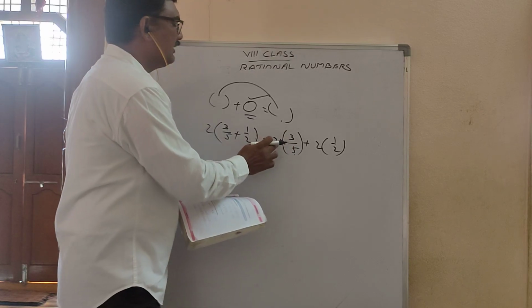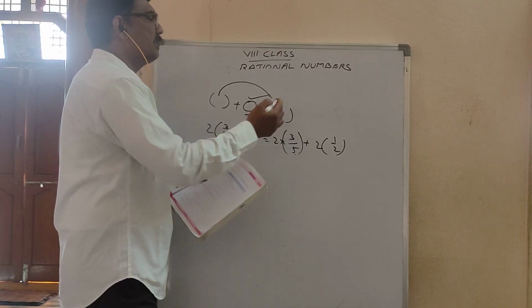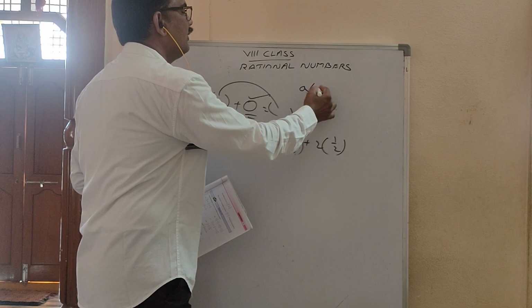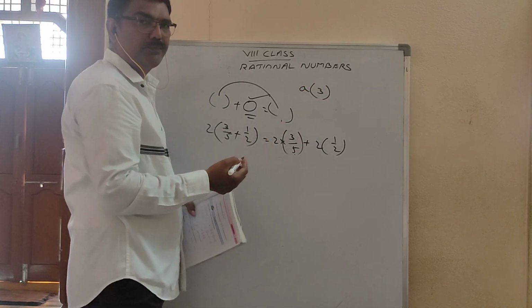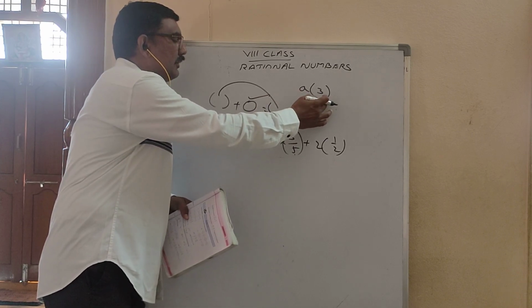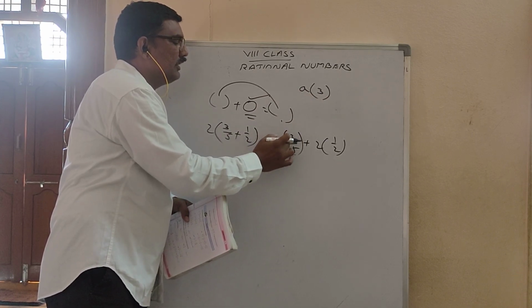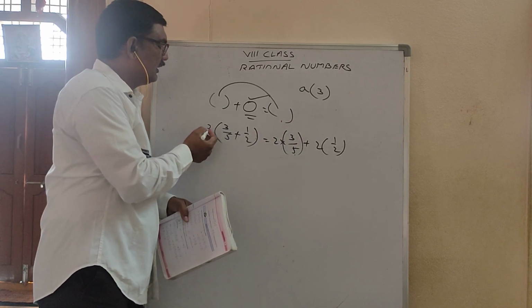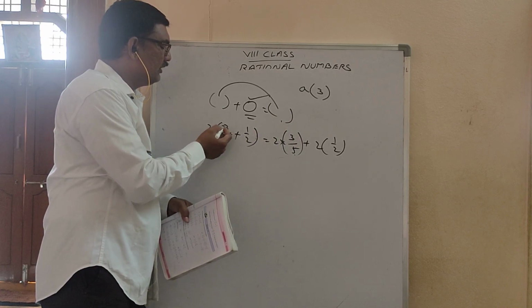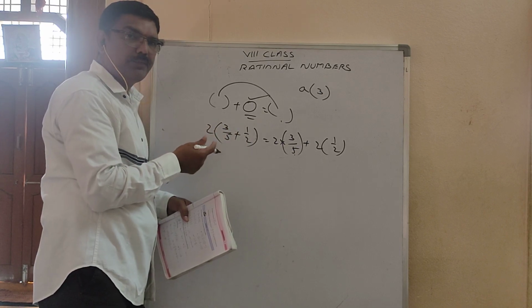What you have to learn here is that the into symbol and brackets are both the same. See here, A into 3. Brackets mean into only. What you have to do is A into 3. Like that, with 2, the into is not there, brackets are there, and you again have to do multiplication itself.